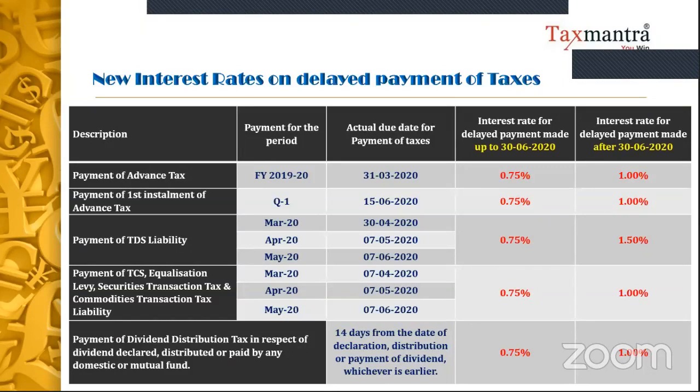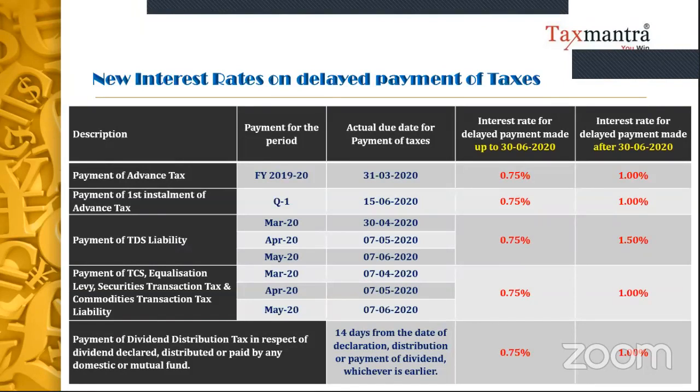If the taxpayer isn't able to make the payment within the due date but makes the payment before 30th of June, then interest will be levied at a rate of 0.75%. If such payment is made after 30th of June, then interest would be 1%.